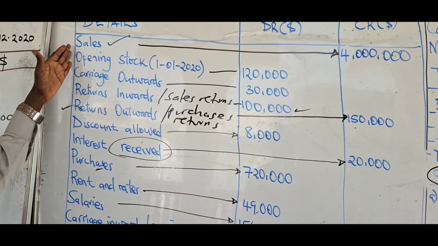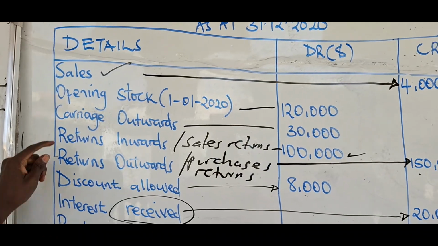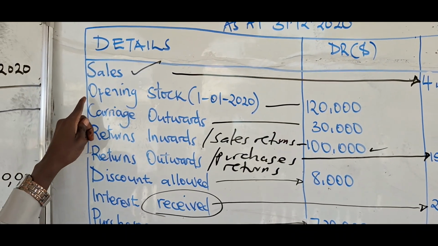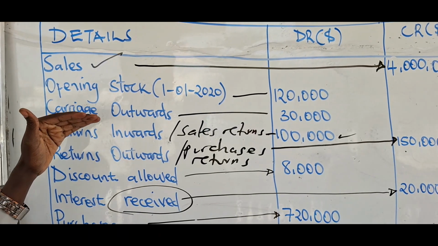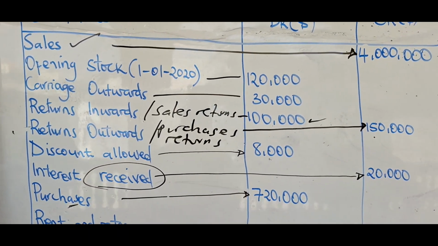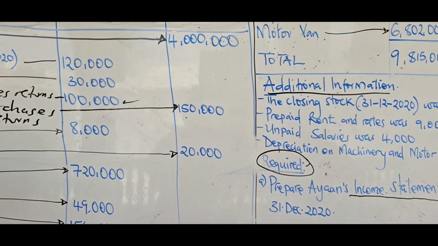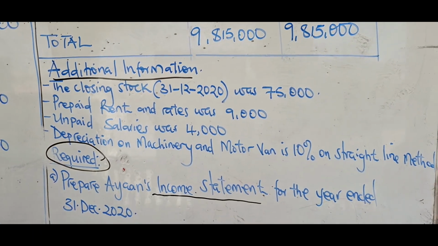Here, go line by line, identify the operating expenses. Let's start. Opening stock, carriage outwards. Before we go through this, it's advisable to first look at the additional information because they may have included something in regard to our operating expenses.